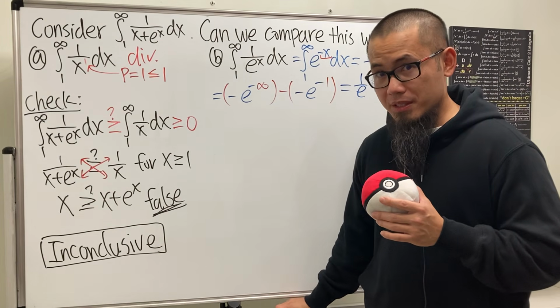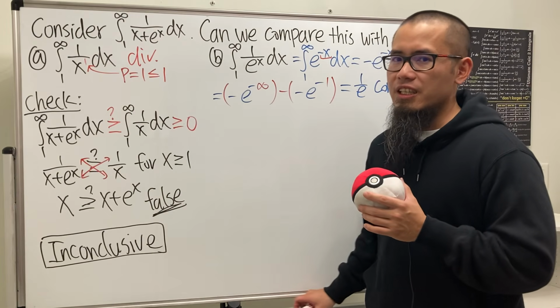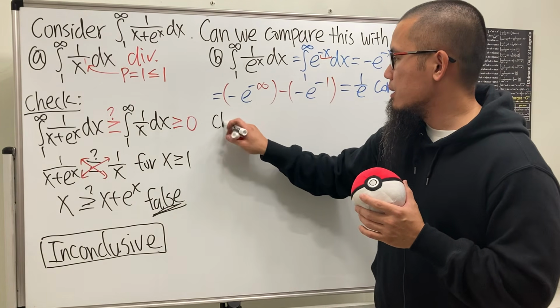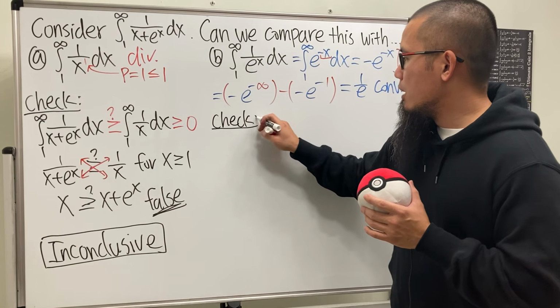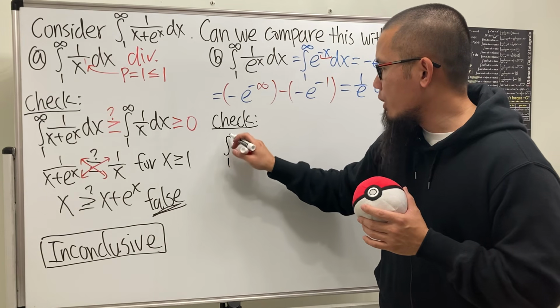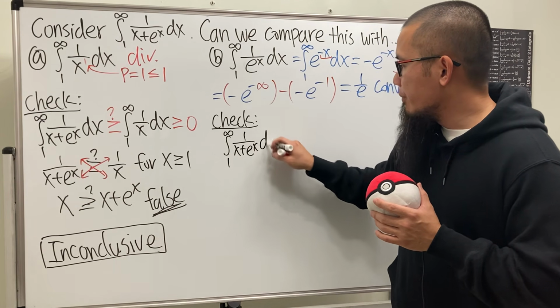Okay, because this time we have a convergent integral, so we actually have to set out a different inequality. Let's go ahead and do the check. Let's put down the one that we're trying to do right here, which is the integral going from 1 to infinity of 1 over x plus e to the x.